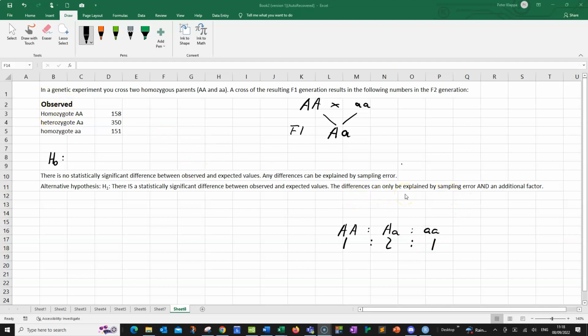Maybe it is not a monohybrid inheritance, maybe it's not just Mendelian, maybe there are some other factors which we don't know. We just simply would see if there is something different. So we formulated our hypothesis.